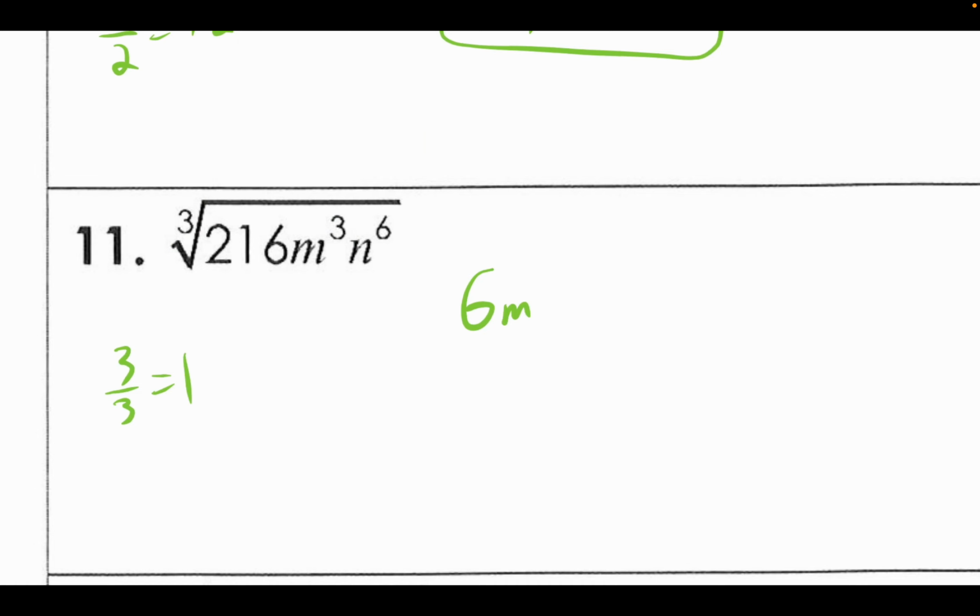So there's nothing inside the radical for m. For n, it's 6, the exponent, divided by 3, the index. That gives you 2 with none remaining. So it's n squared with nothing inside the radical. So this just results in 6mn squared.